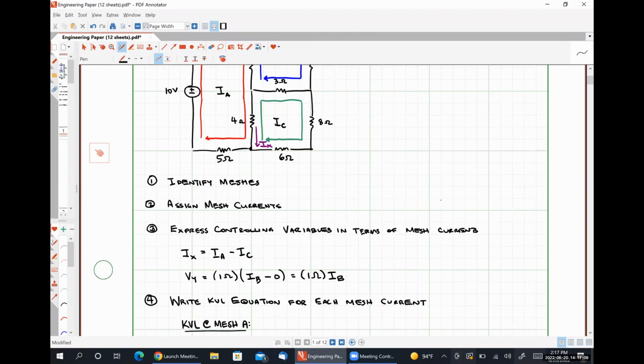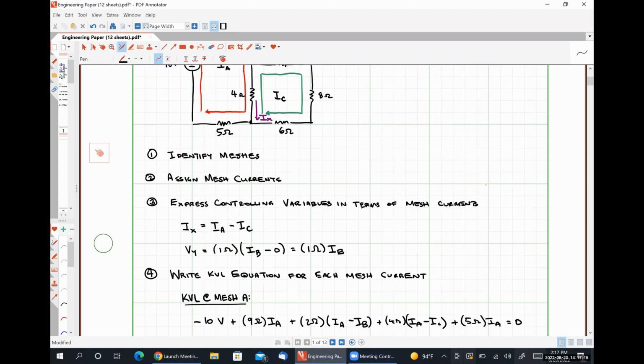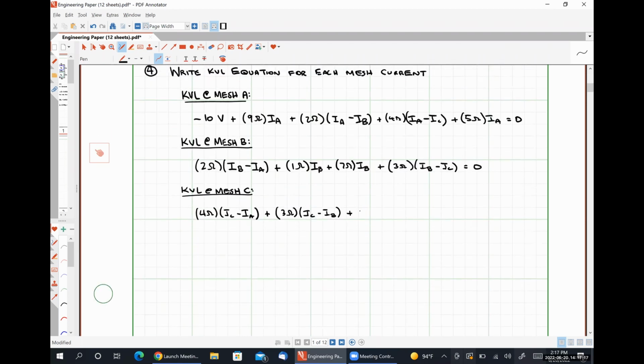Next, we see our 8 ohm resistor. The 8 ohm resistor only carries a mesh current of IC. And down there at the bottom right, we also had our 6 ohm resistor, which was also only carrying a mesh current of IC.